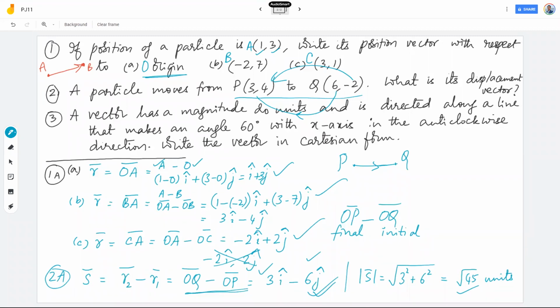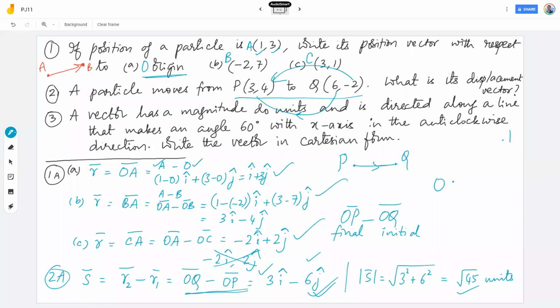Okay. So this is point O. This is point P. This is point Q. Let us say PQ bar is this vector. OP bar is this vector. OQ bar is this vector. Okay. This is OQ bar. This is OP bar, sorry. And this is PQ bar. Now from this triangle, tell me which two vectors are in succession.